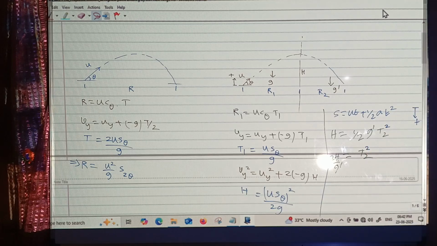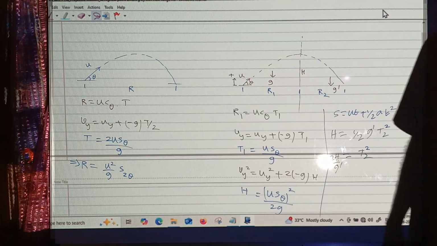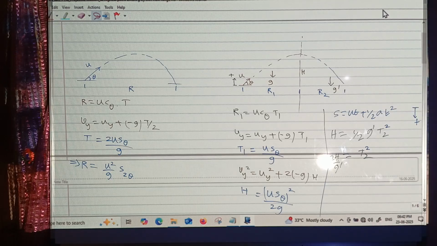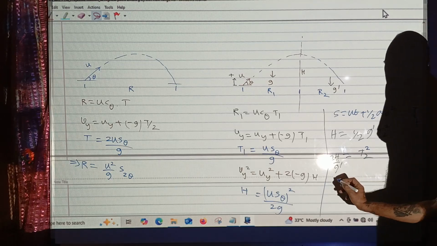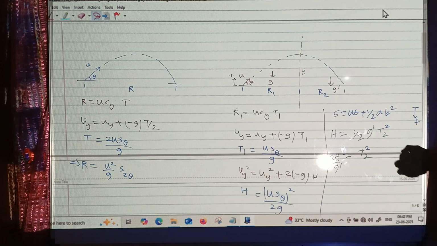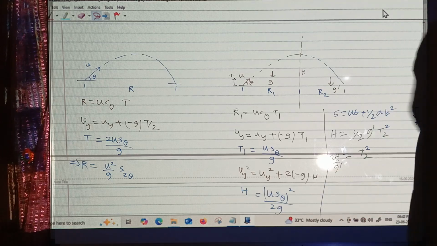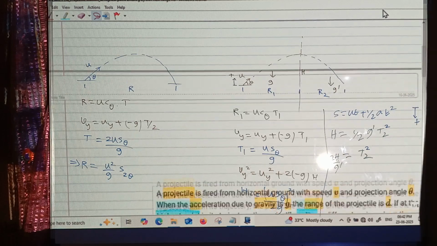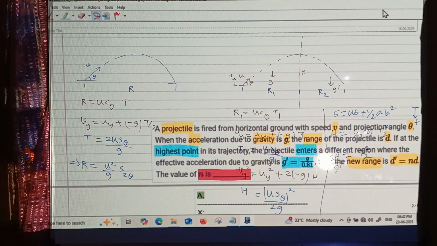So 2 times H by g prime, and g prime is g by 0.81. That's given in the question.